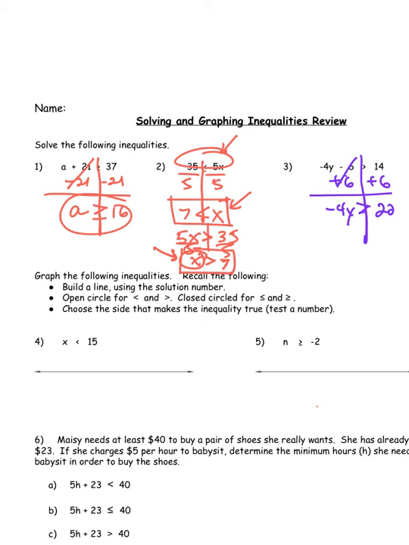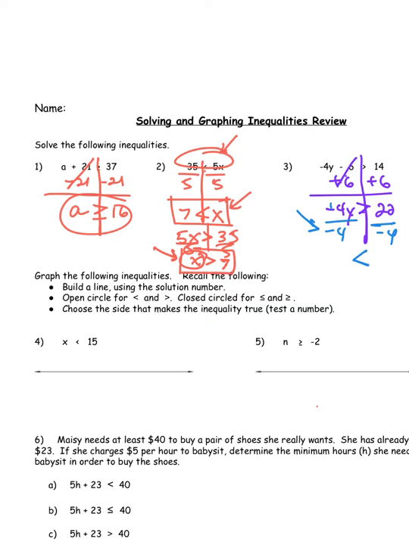So for our second solving step, we have to divide, because we're multiplying by negative, we have to divide by negative. And this is where things change in an inequality. If we divide or multiply by a negative, the inequality sign switches.